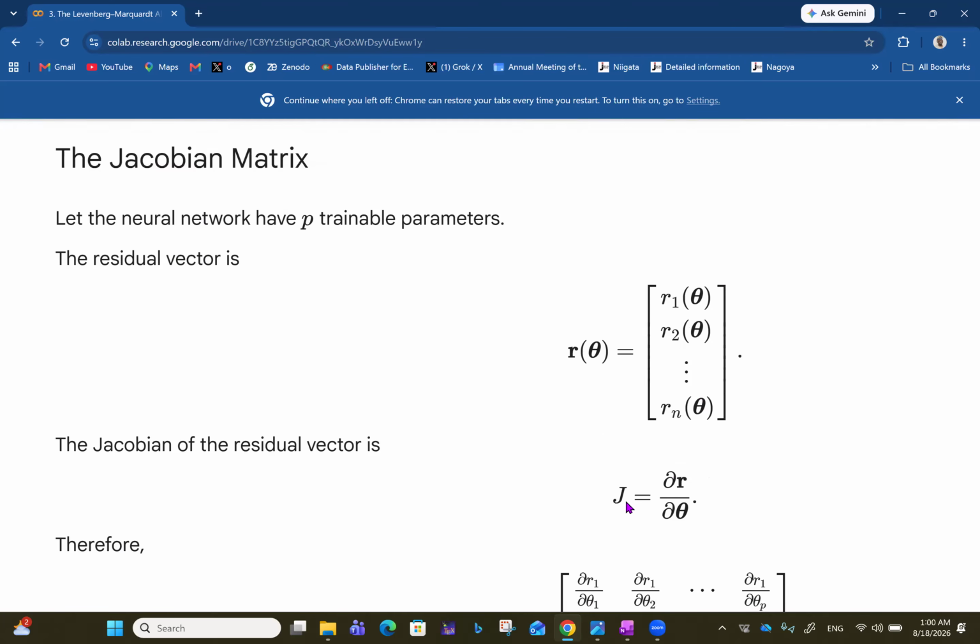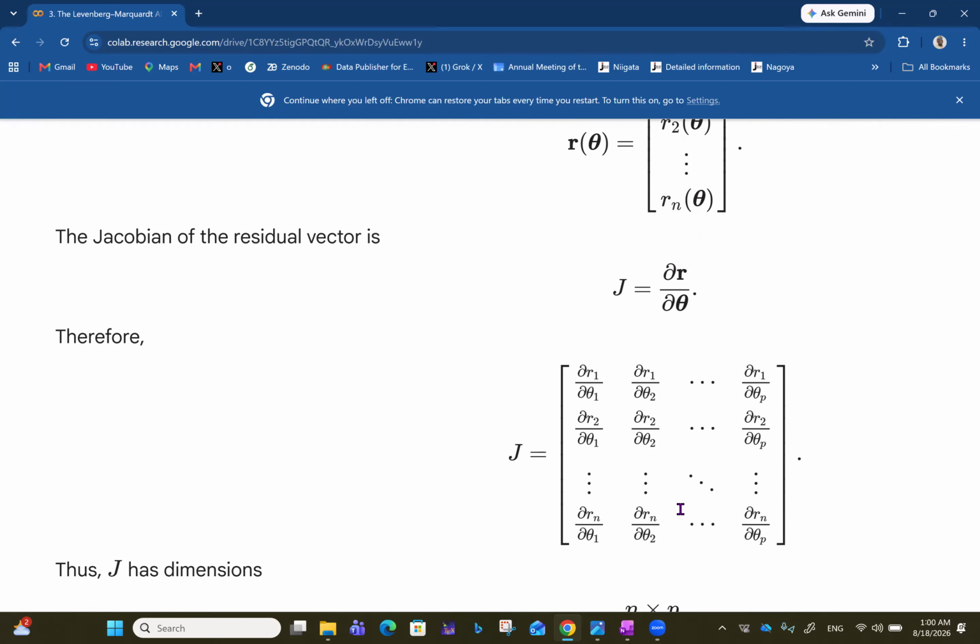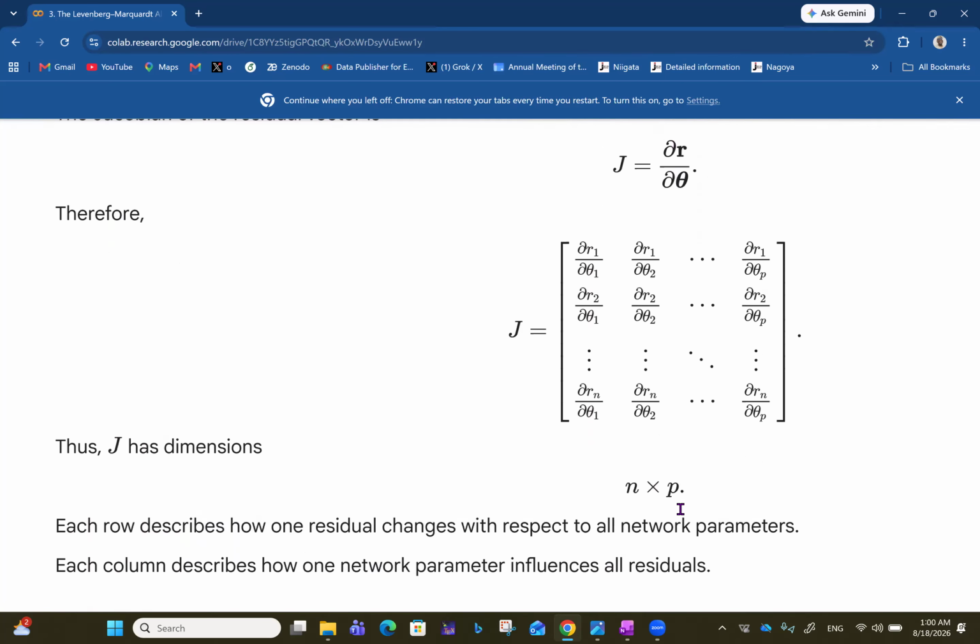So J has the first row partial R1 over partial theta 1, partial R1 over partial theta 2, all the way down to theta P. Then partial R2 over partial theta 1, and so on, up to partial Rn over partial theta 1, all the way to partial Rn over partial theta P. So here we have P parameters and N residuals.